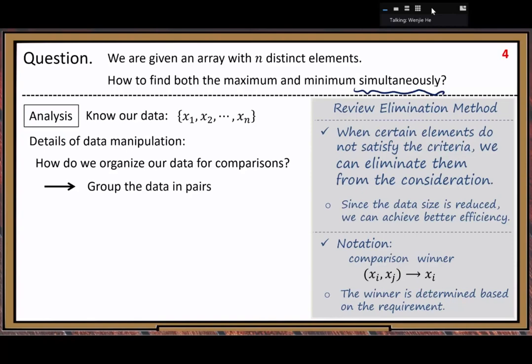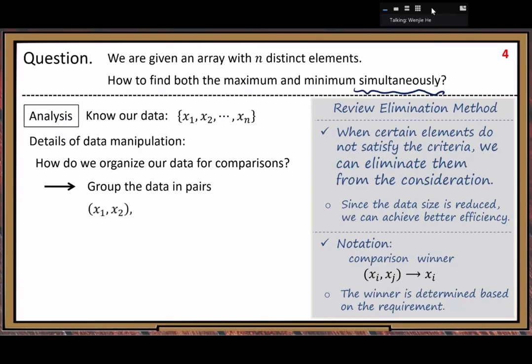In the first round, all the losers are eliminated, so the winners move to the next round. Then you pair the winners for another round, and at the end you get a final winner. That is the tournament method.